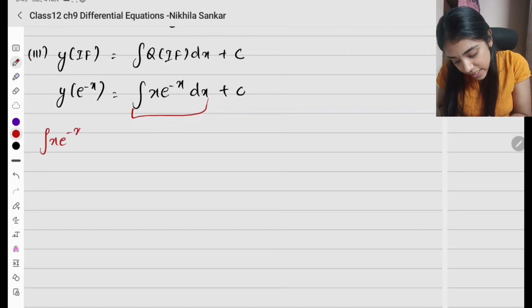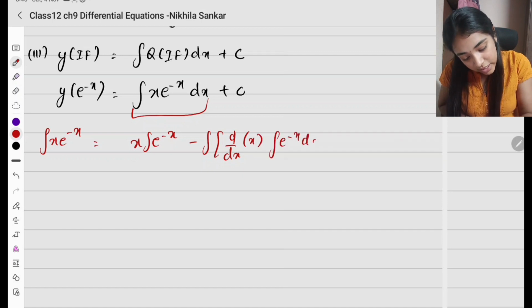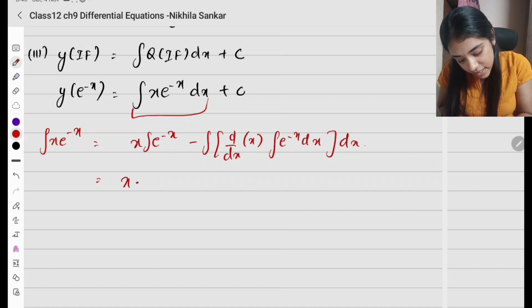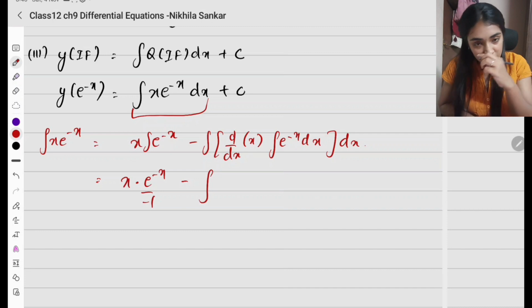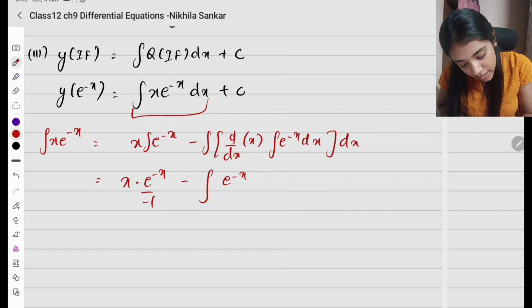So I have integral x e to the minus x dx equals x times integral of e to the minus x, minus integral, open the bracket, d by dx of the first term, integral of the second term, all with respect to dx. Okay, x into e to the minus x divided by minus 1, minus integral of dx of x which gives me 1, e to the minus x divided by minus 1 times dx.